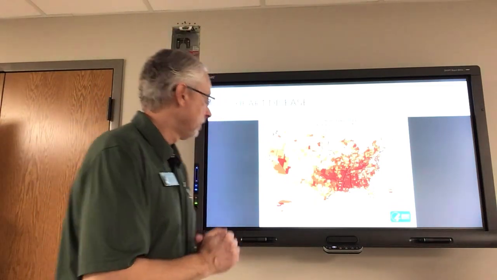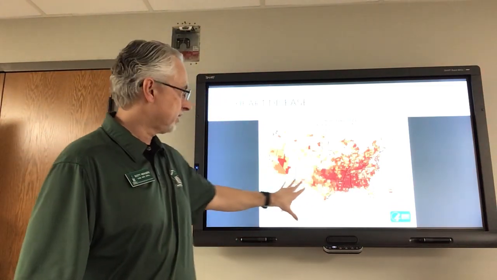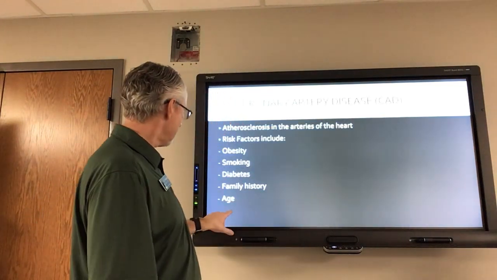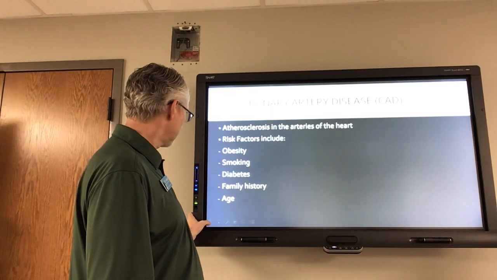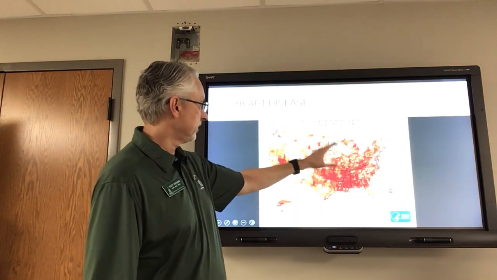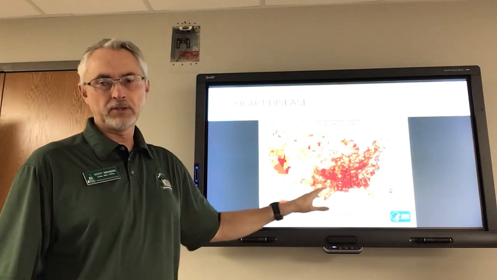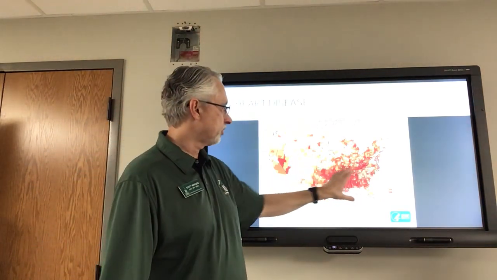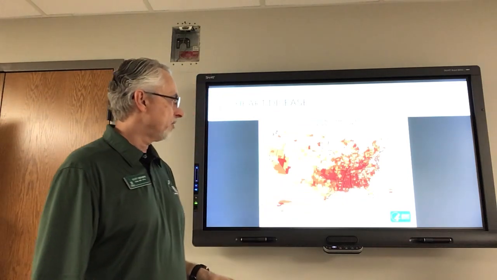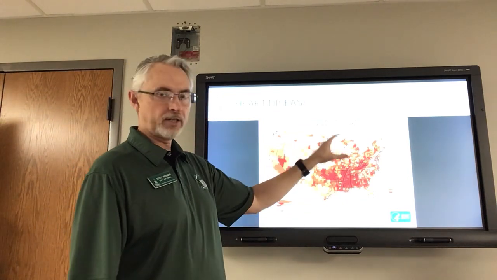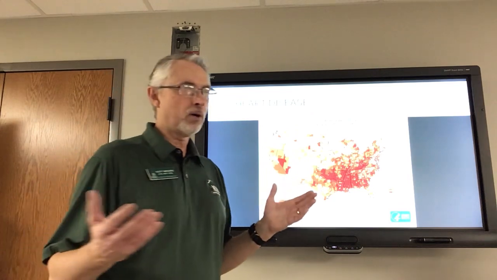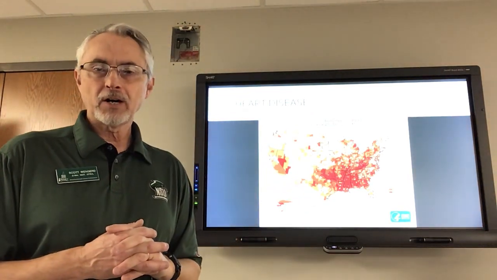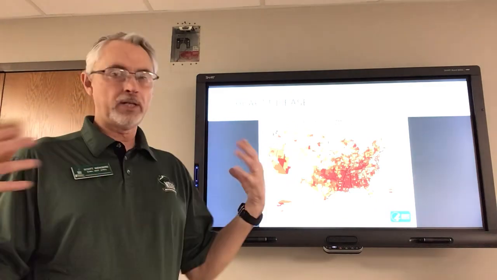You can see based on this map that there's a higher concentration of deaths in the South from heart disease. And we joked about this a little bit during our stroke time. We're talking about strokes, and there are more strokes and more stroke deaths in the South than there are in other parts of the country. It could very well be due to climate, what we're eating, our lifestyle, all the different things that play into people's health.